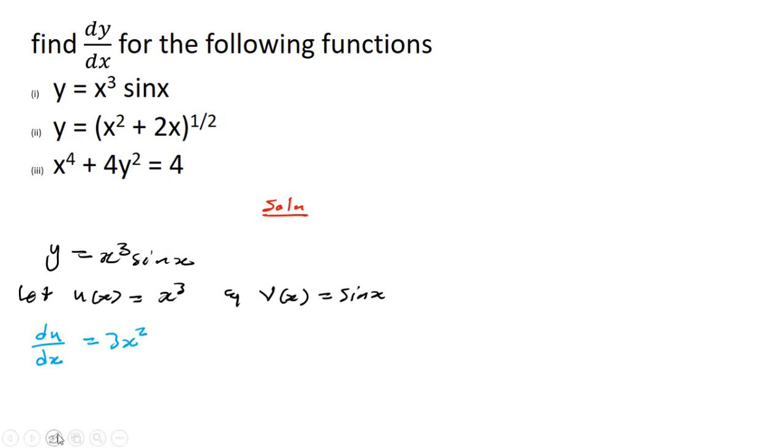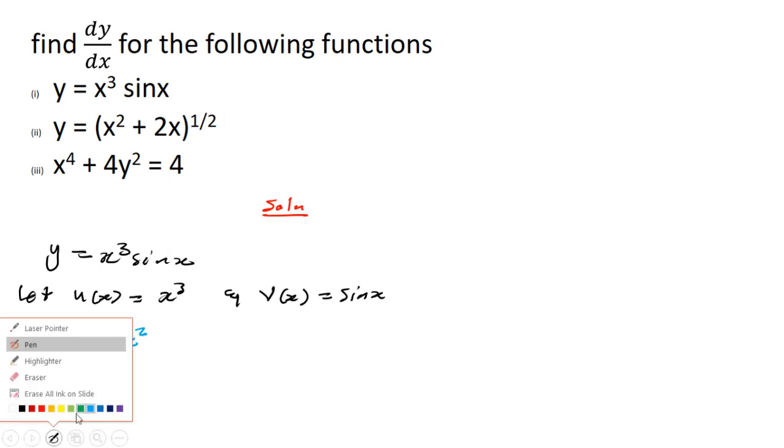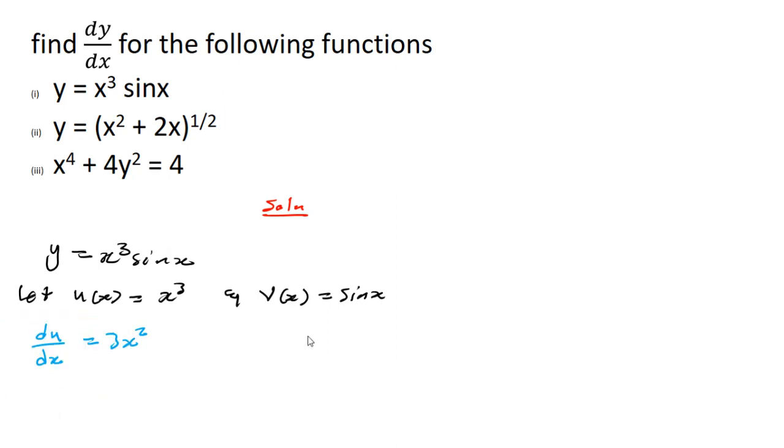This is according to the power rule. And then if we find dv dx, we need to know that the derivative of sine x is simply cos x.